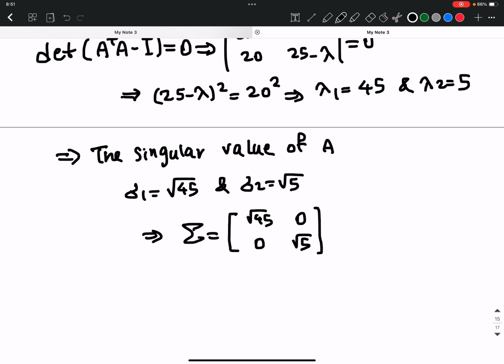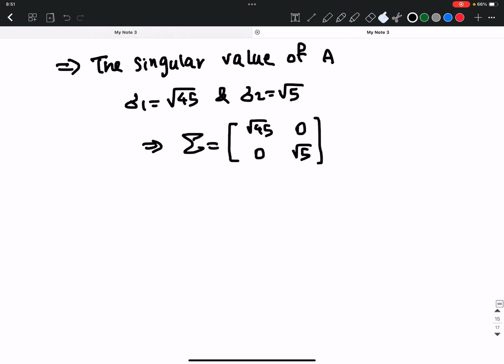Now the second thing I need to find is, in step 2, the other U and V matrices to be able to complete my SVD.